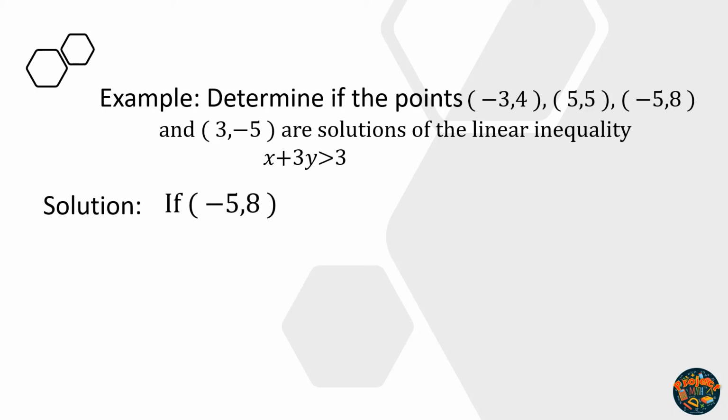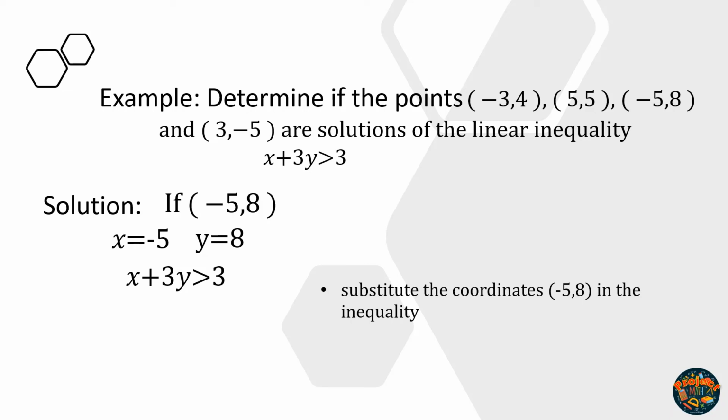Next is (-5, 8). X is -5 and y is 8. So we are going to substitute these coordinates in the inequality. So x will become -5 and y will become 8. Then we have to simplify. So multiply 3 and 8.